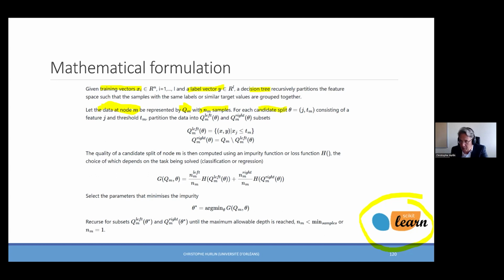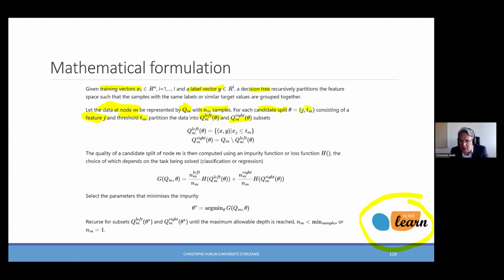It's a couple (G, TM). What is G? G is one of the features. So I have, for instance, the gender or the income, and I have a threshold TM, for instance, 800. I partition the data into a node on the left and a node on the right.